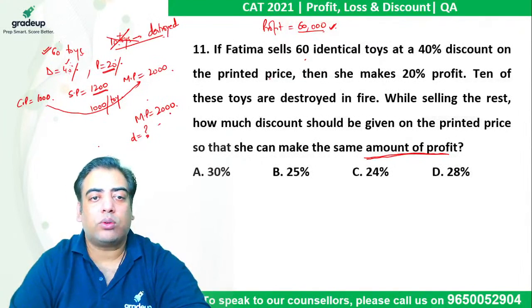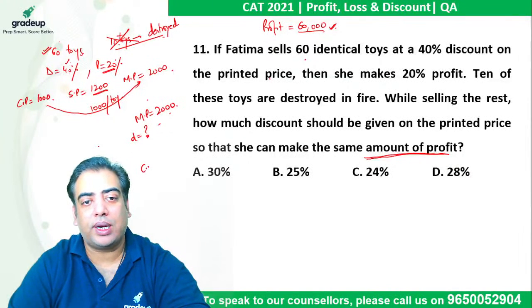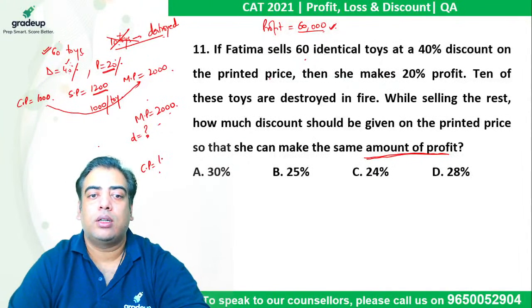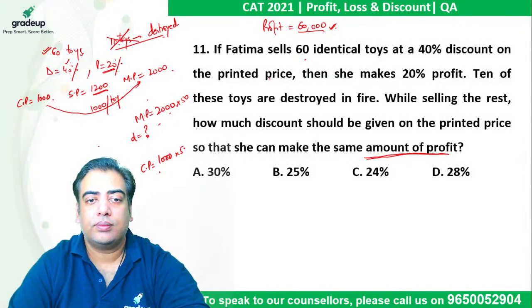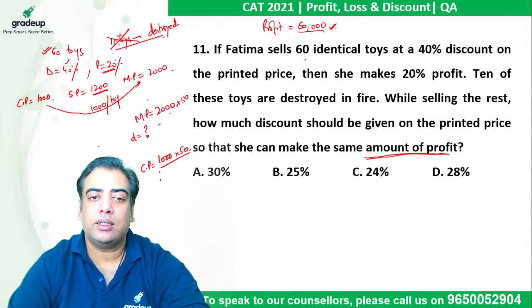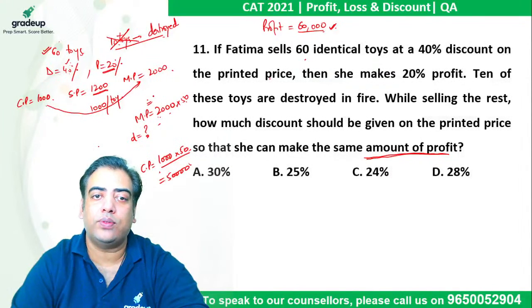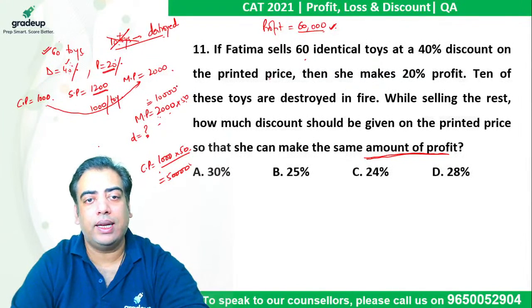So we need to calculate the mark price and overall cost price right now. So for 50 articles, your cost is going to be a total of 50,000 and your mark price is going to be a total of 2000 into 50, which is rupees 1 lakh.